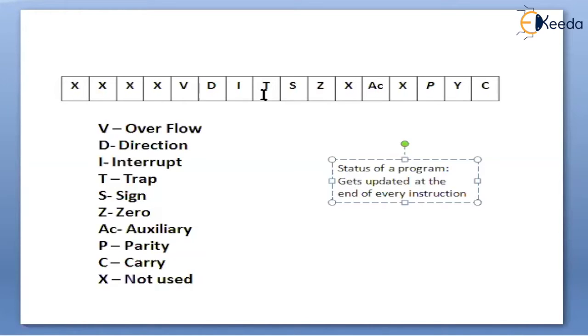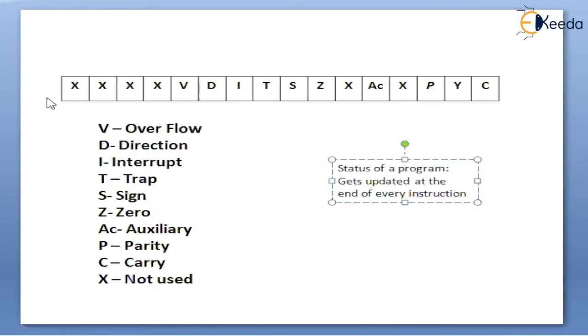Let us stay focused. Here, this is a 16-bit flag register: 1, 2, 3, 4, 5, 6, 7, 8, 9, 10, 11, 12, 13, 14, 15, 16. This is a 16-digit flag register, because in 8086 the size of a register is equal to 16 bits.